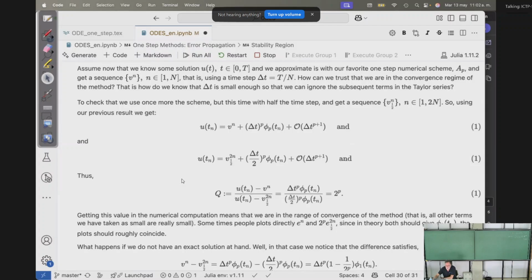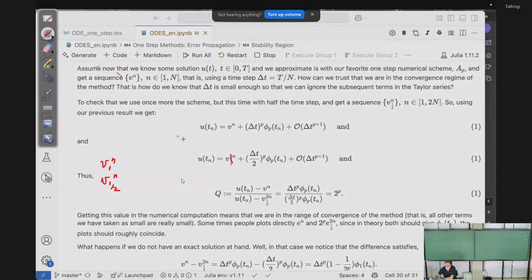So we take here a solution with step 1 and with step 1/2. This is one at the same t_n. Here I put 2n because since we are taking the time step half, I have to go twice. So it's the same point. It is the value that would correspond to t_n.